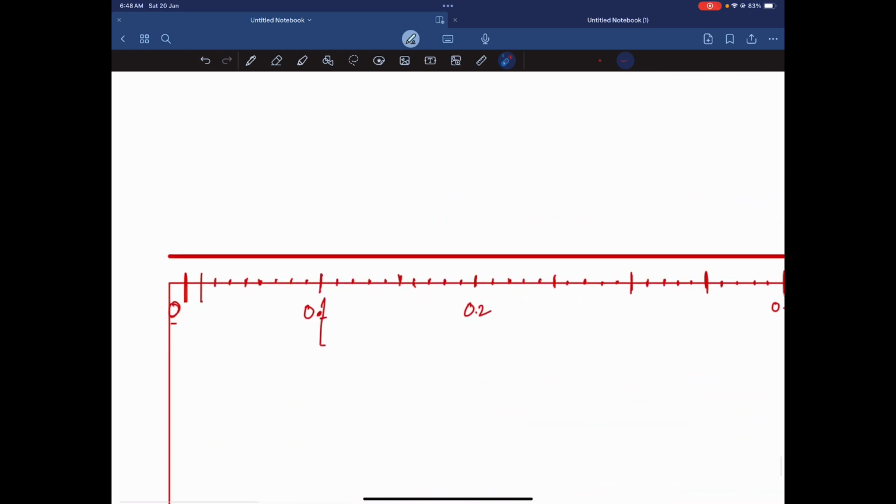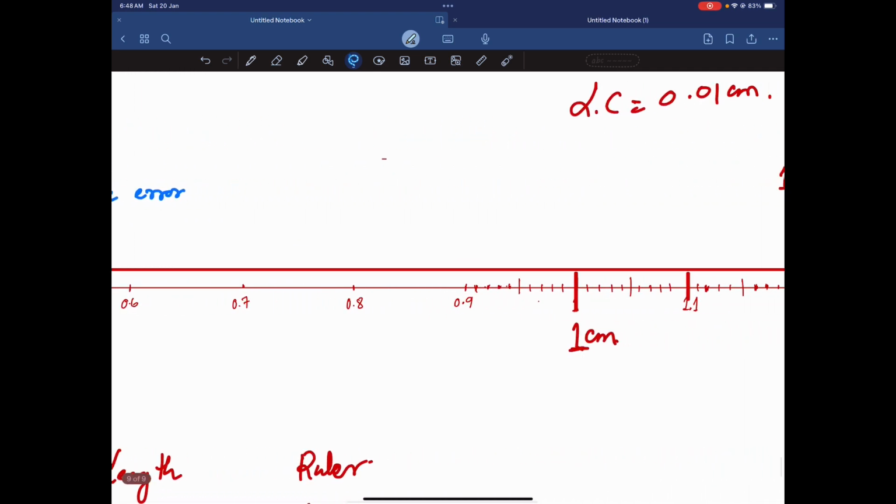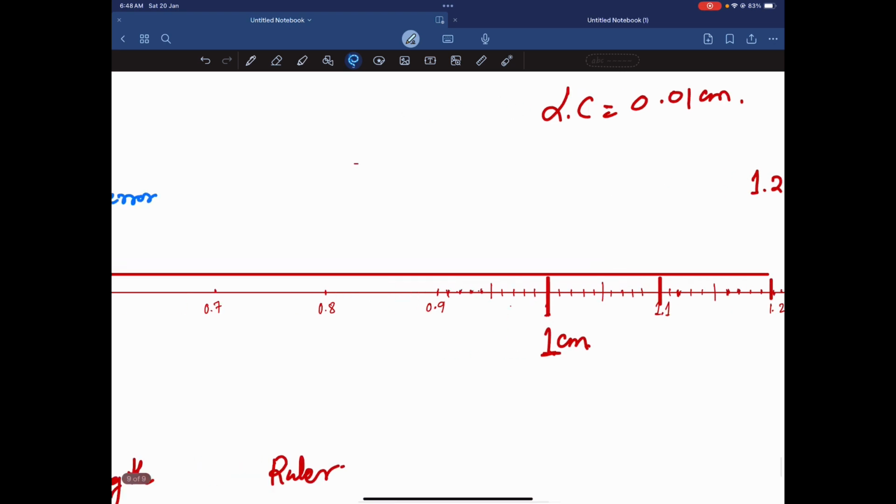Next example, let's say you made a mistake. You started like this. You forgot to wear your glasses and you get something like this. Let's say it's here. It's not easy to do this. Okay, I hope you see it.